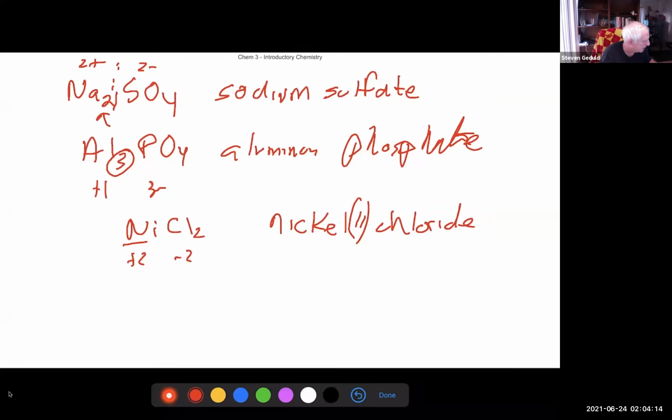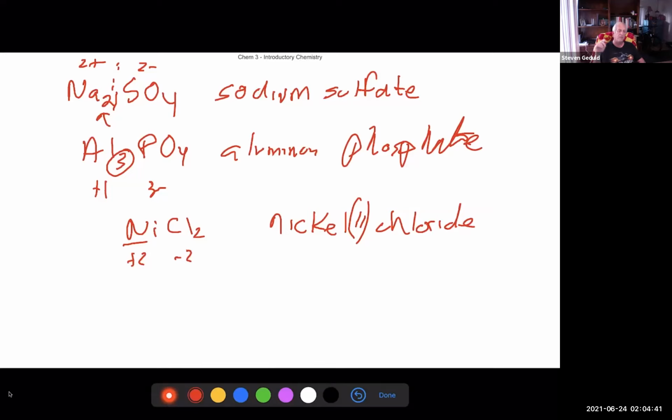So far, so good. We've got naming ionic compounds, and writing formulas for ionic compounds, we did that. Covalent bonds. We talked about ionic compounds, which are a metal and a non-metal, and covalent compounds, which are 2 non-metals.